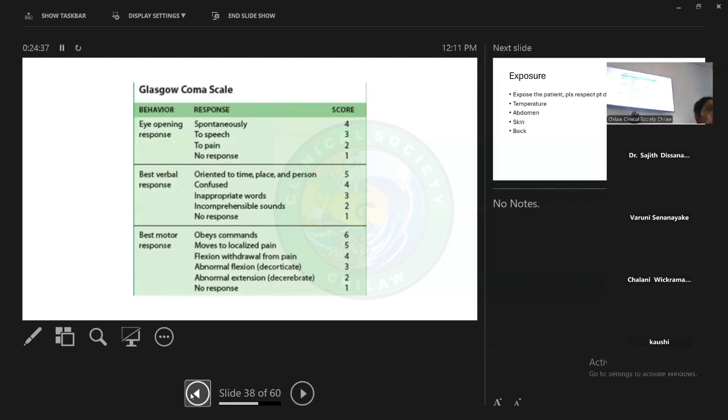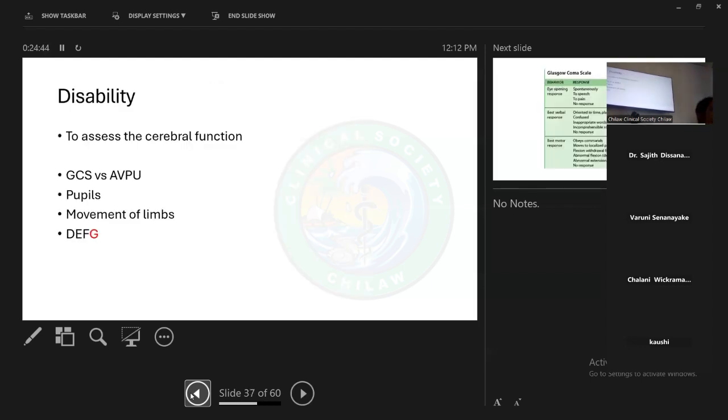And if you can't remember, go by ABPU as well: alert, verbal response, responding to pain, unresponsive. If the patient is alert, it means GCS is 15. If responding just to verbal stimuli, it's like 13 to 14. If responding only to pain, it's around 8. If unresponsive, it's 3. And pupils: you look for bilateral pupil size and whether it's reactive or not.